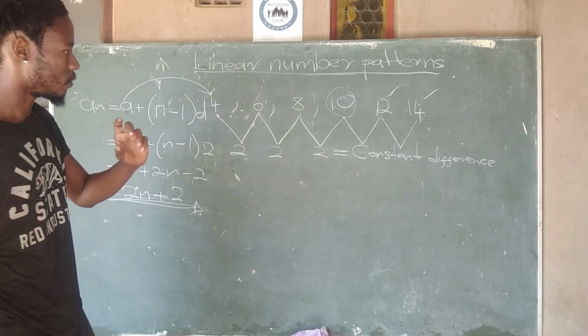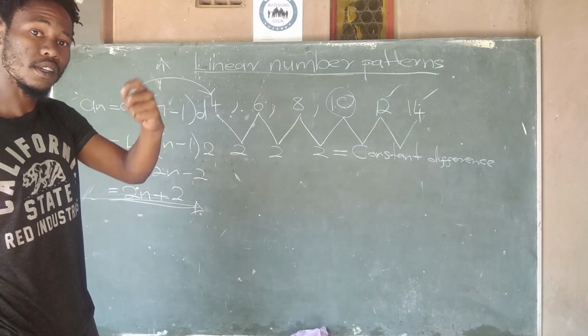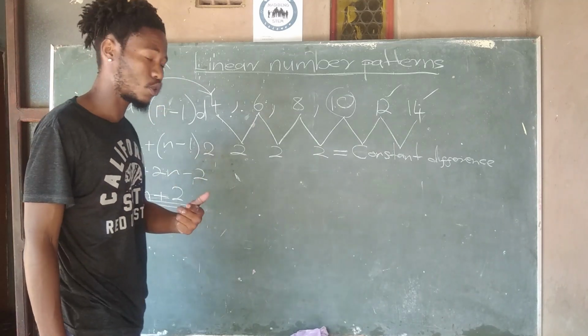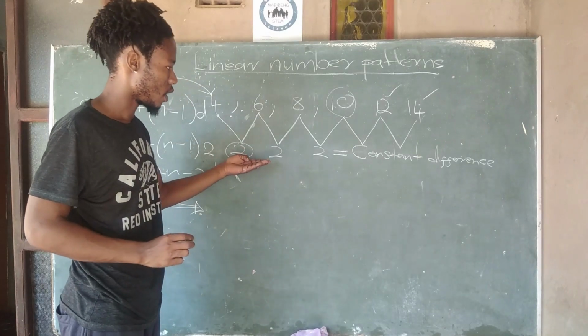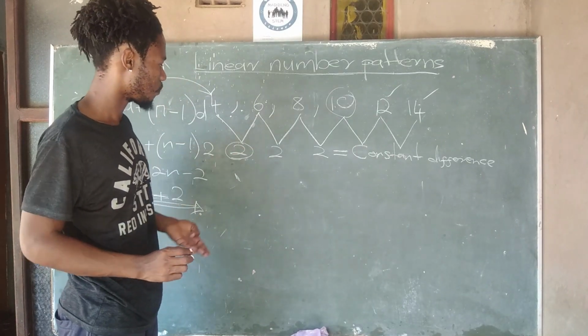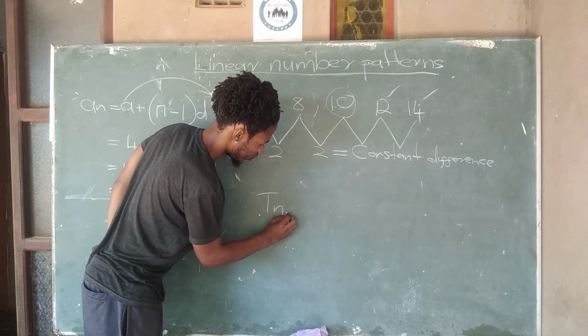So the other way, if you don't want to use this formula, you can use the method that I showed you guys. If you have a constant difference like this, to find your general term, you just do this.